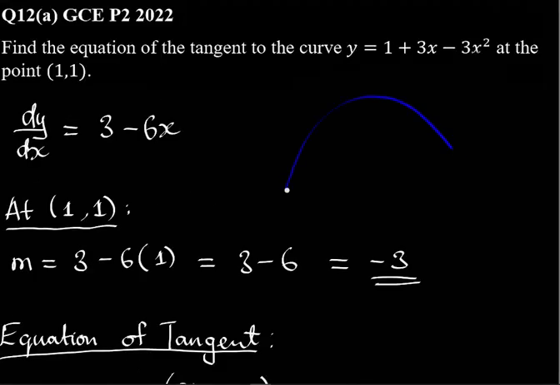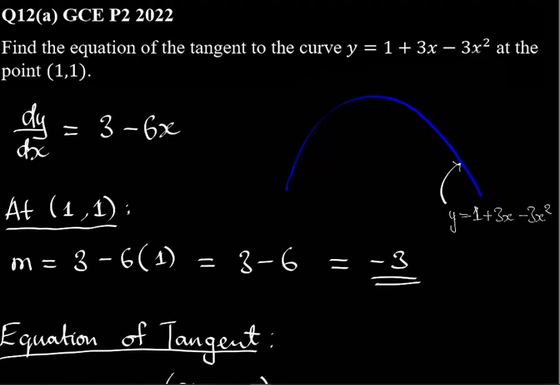We have a function like that. This function is the one we've been given in the question: y is equal to 1 plus 3x minus 3x squared. This is the function.